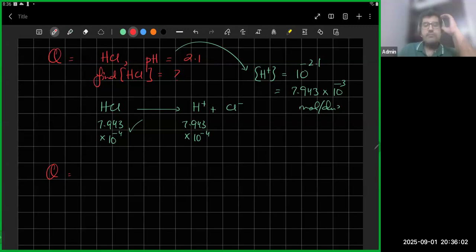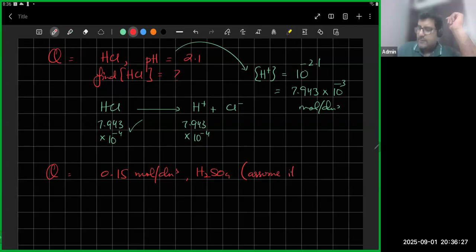Let's do one more of these, just to get a hang of it. I've got 0.15 mole per dm cube sulfuric acid, and let's assume it fully ionizes. Remember, we haven't even touched weak acids yet.